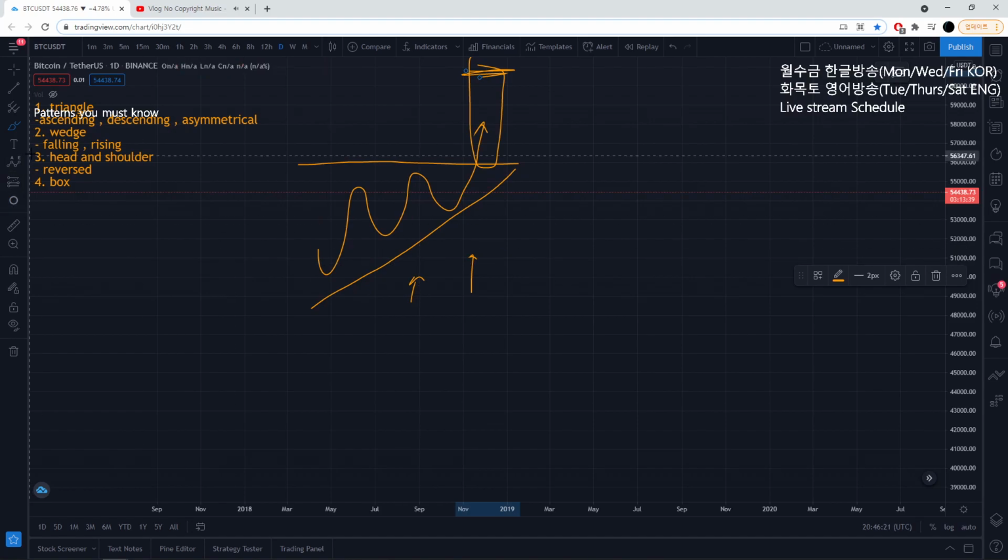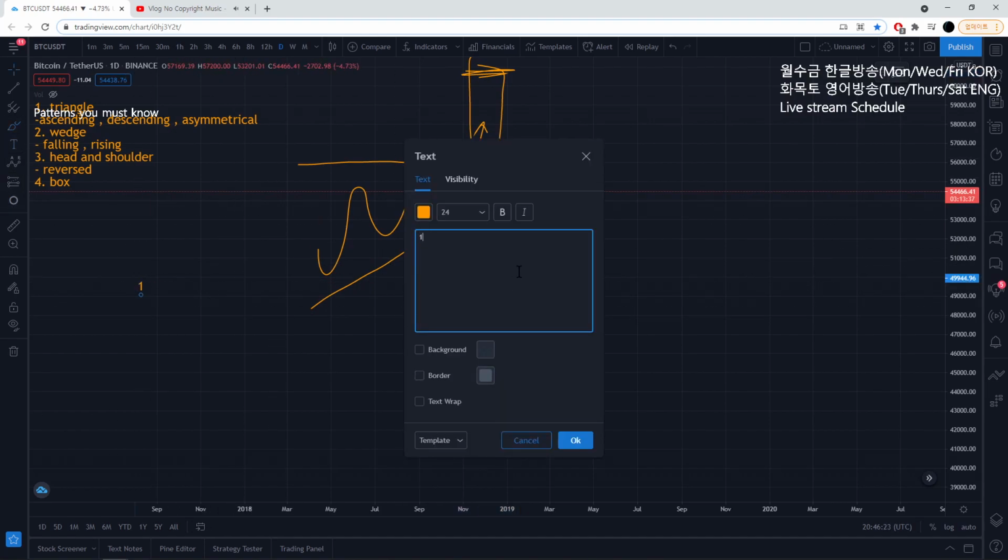There are 3 rules to triangle. Number 1, it has 5 ABCs. Number 2, when the channel is broken, TP is the same price length as the mouth of the start of the triangle.